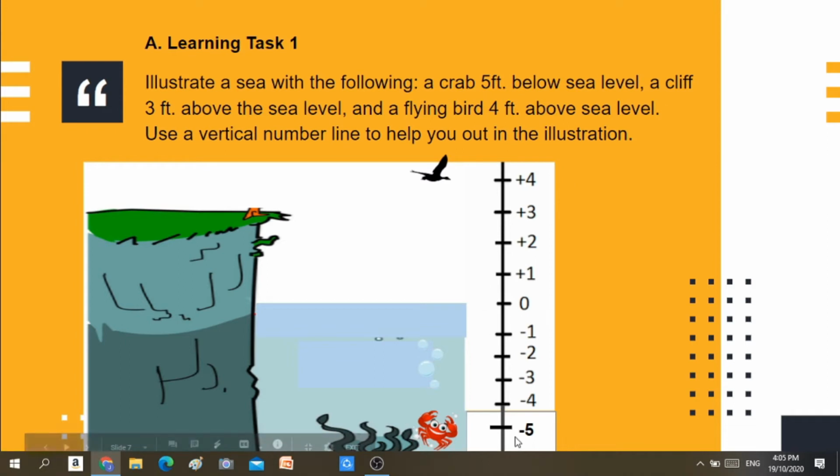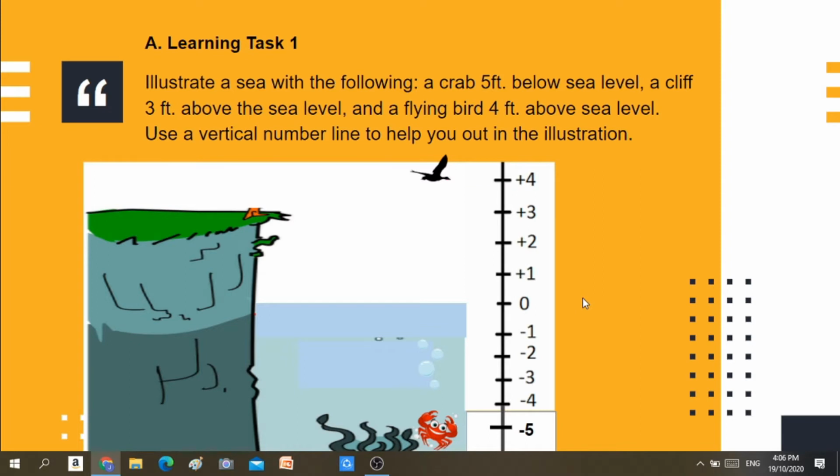So, tingnan natin. So, nandun siya sa negative 5. Bakit? Kasi below. Next is, we have 3 feet above sea level. So, eto yung 3 feet. Eto yung cliff. Ayan, nasa 3 siya. And then we have a flying bird 4 feet above sea level. Si bird ay nasa tapat ni positive 4.